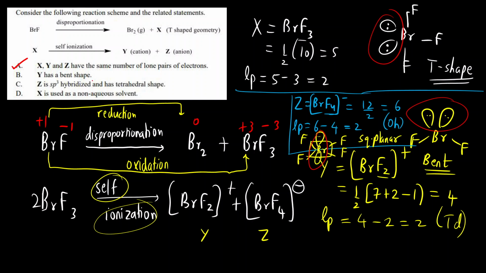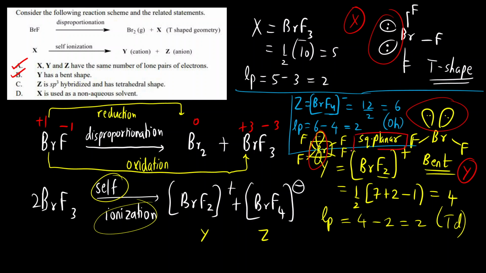Y has a bent shape. Where is Y? This is Y, and this is X. Y has a bent shape, correct. Z is sp3 hybridized and has tetrahedral shape? No, it does not have tetrahedral.